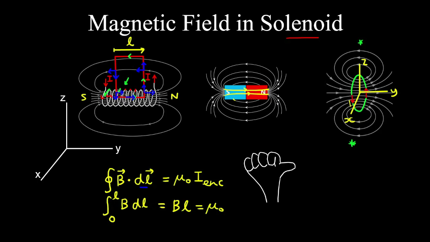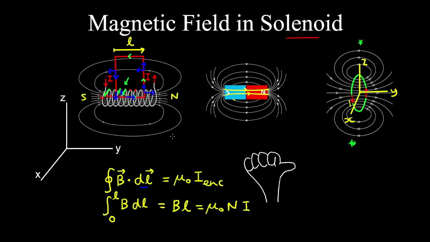So it's essentially flowing through this loop in the x direction. So therefore the total current through the loop is the number of loops multiplied by the current.